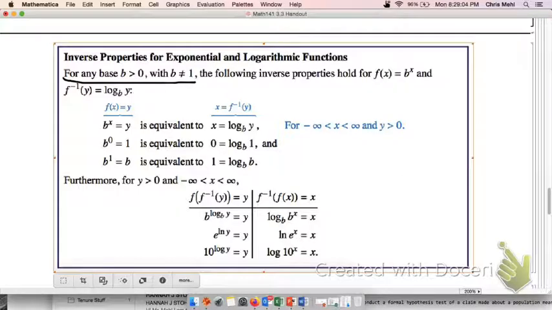Okay, so if you look over here, I want you to look at both these expressions right here. All this is really saying is if y equals f of x, or if (x, y) is on the graph of f, then x equals f inverse of y, meaning (y, x) is on the graph of the inverse.